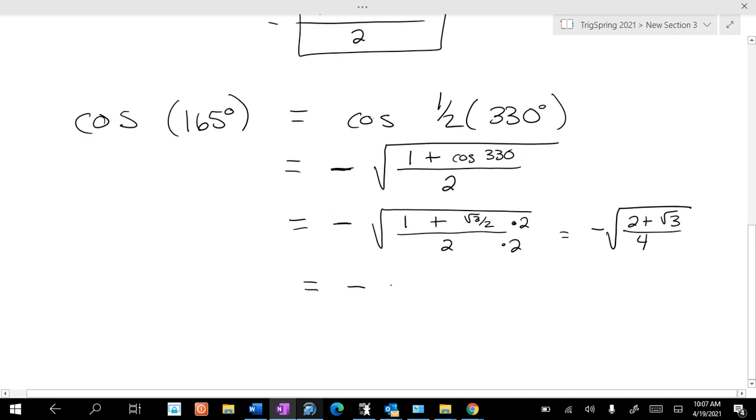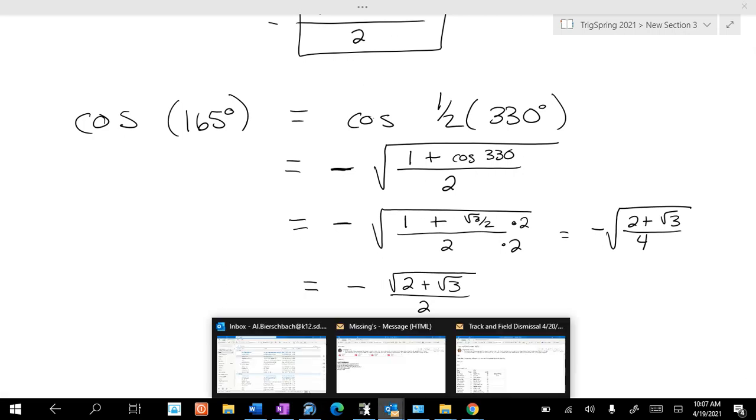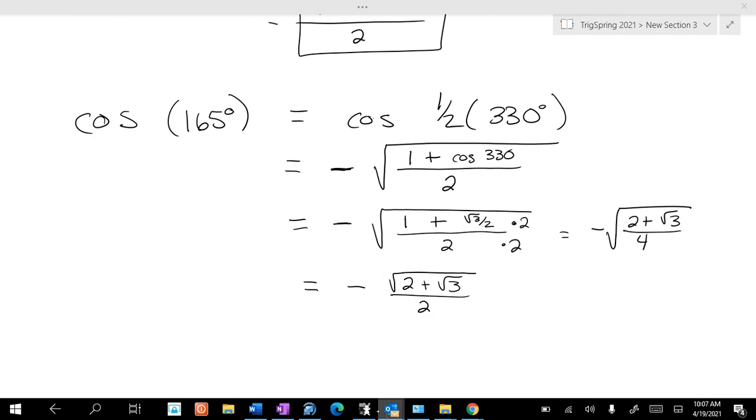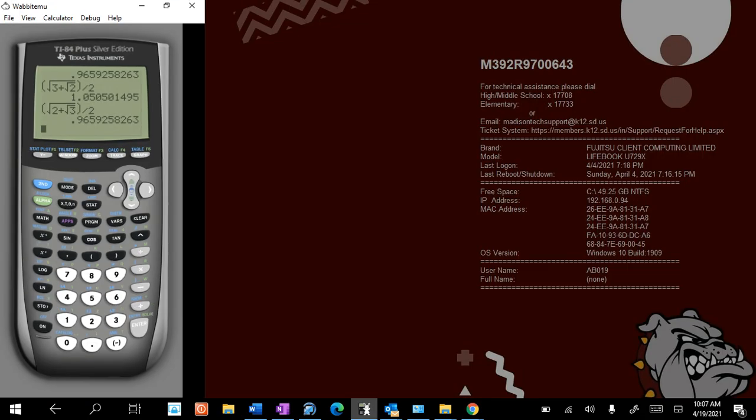The square root of 4 is 2. So if I'd want to check that one, and I actually use the right answers this time. Okay, it is this, but a negative in front, right?